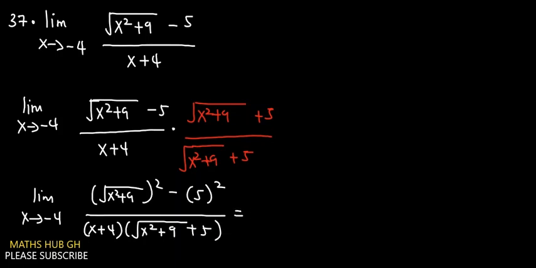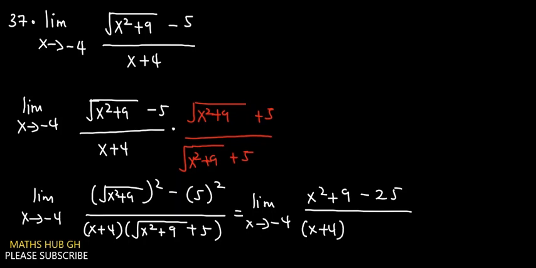So at the end we are going to have the limit as x approaches minus 4 of x squared plus 9 minus 25, all divided by x plus 4 multiplying the square root of x squared plus 9 plus 5.